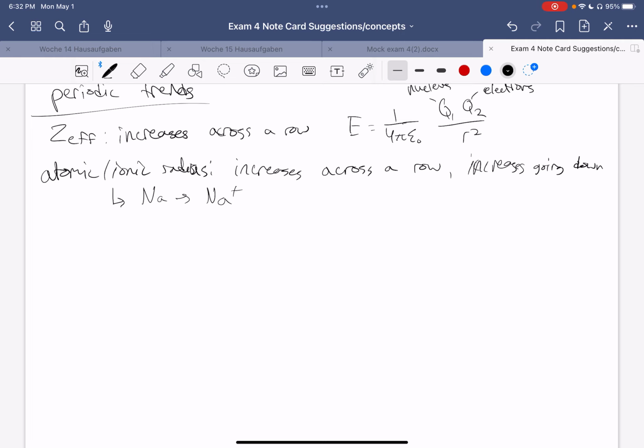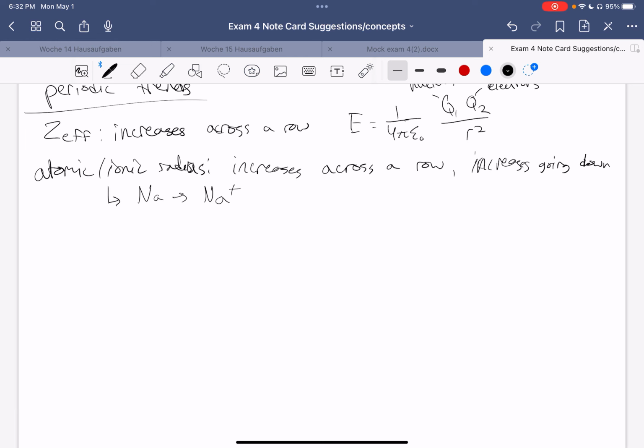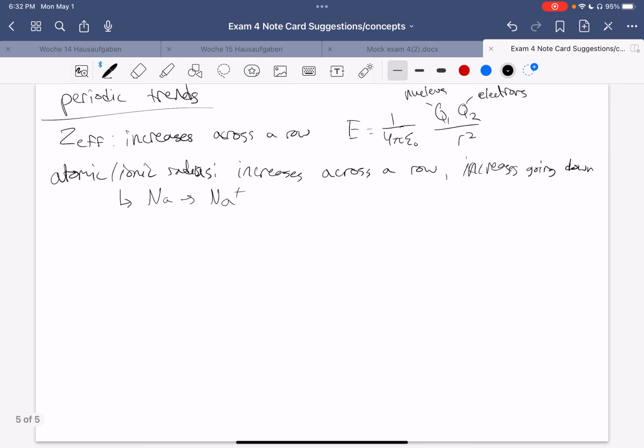You're just going to have a noble gas core going up to neon, with nothing in the n equals 3 energy level, just the 1 and 2. So this means that positive ions, or cations, are going to be smaller.